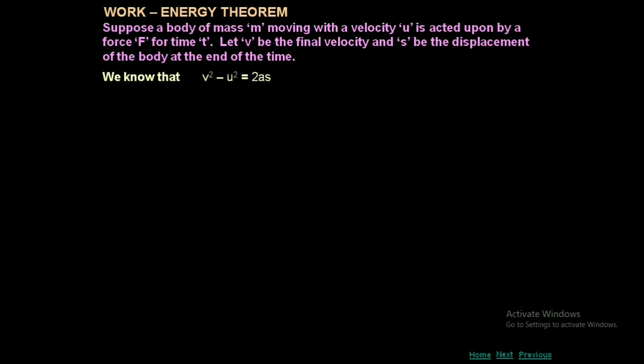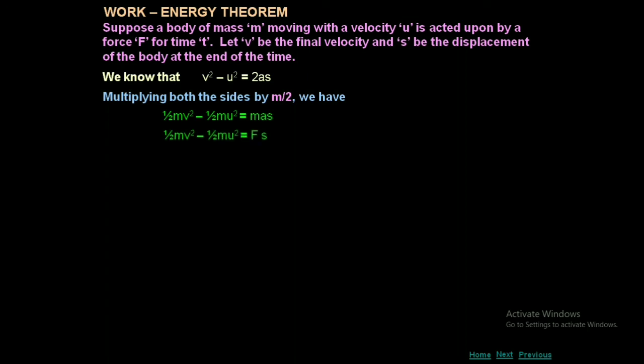Then we can use the third equation, and from here, if you multiply both sides by m by 2, the result which you are getting is half mv square minus half mu square is equal to mas, where ma, the mass into acceleration, is the force. Then what you are getting, half mv square minus half mu square is equal to force into displacement, and we all know force into displacement is equal to the work done.